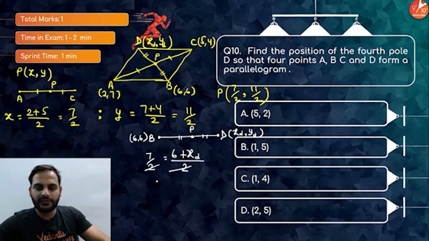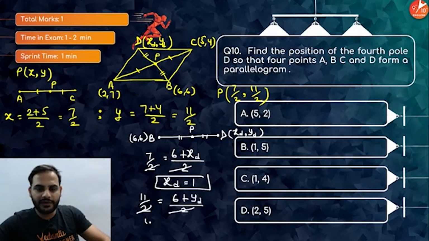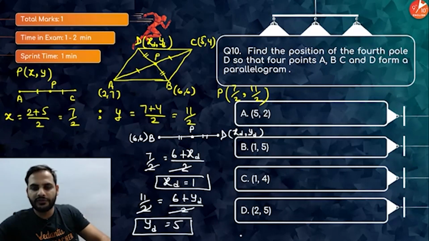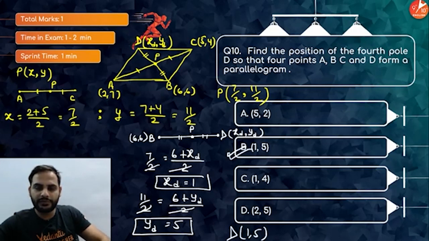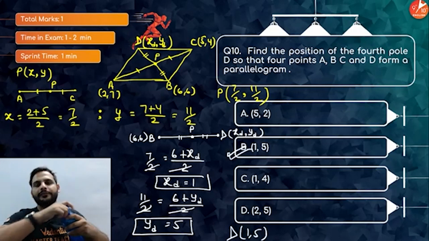The 2s got cancelled. You will get xd is equal to 1. Similarly, 11 by 2 is equal to (6 plus yd) by 2. So we'll get yd is equal to 11 minus 6, which is equal to 5. So the coordinates of point D will be 1 comma 5. Option B will be your correct answer. Okay?